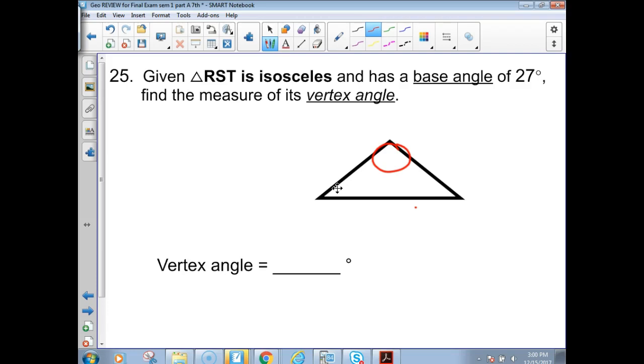If one base angle is 27, the other base angle is also 27 because base angles of an isosceles triangle are congruent. So now to find the vertex angle, I take 180 and subtract 27 twice. Or I take 180 and subtract 54, which is the sum of 27 and 27. So what's that? 126.